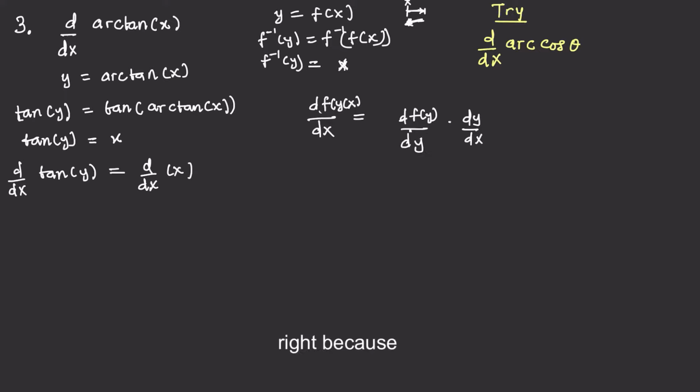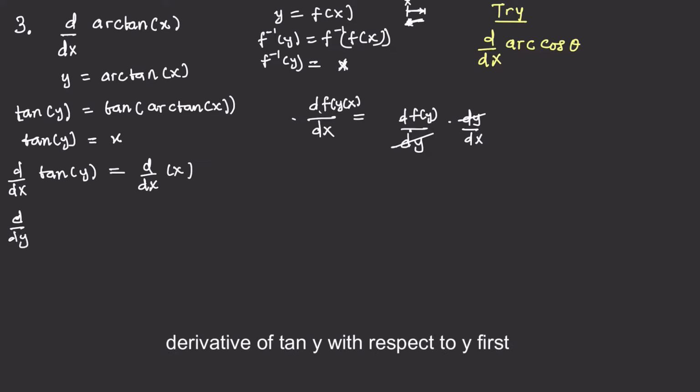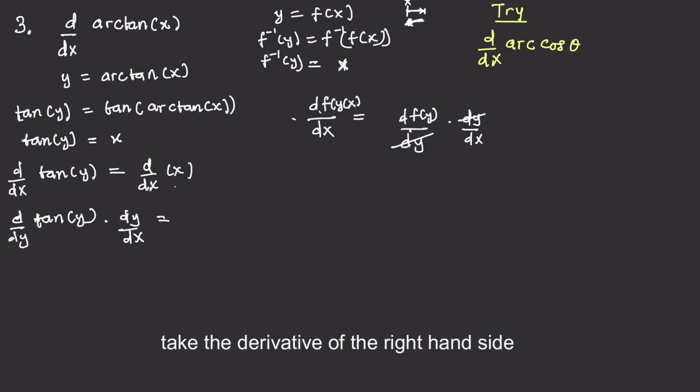Because dy can cancel dy, you're left with the derivative of f of y with respect to x. I hope that makes sense. So the idea is that anytime you want to take the derivative of a function of y, such as tan y, we need to take the derivative of tan y with respect to y first, then multiply by dy dx. Then we can take the derivative of the right-hand side, which is just 1.